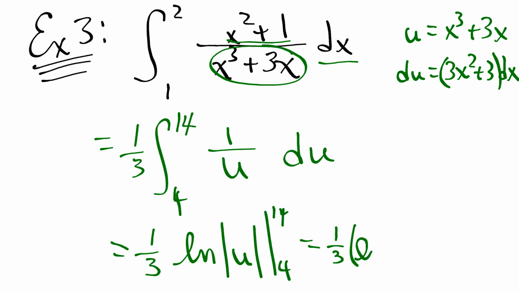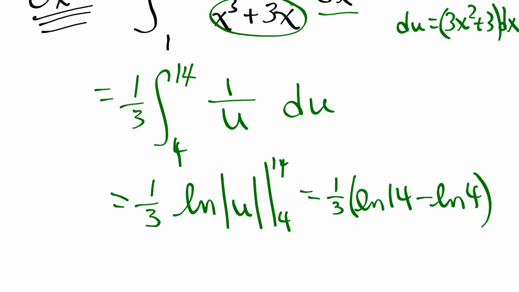So this is 1/3 of natural log 14 minus natural log 4. But that's never the way you're going to see it in the back of the book. In the back of the book, you're going to see it like this, because that saves space.